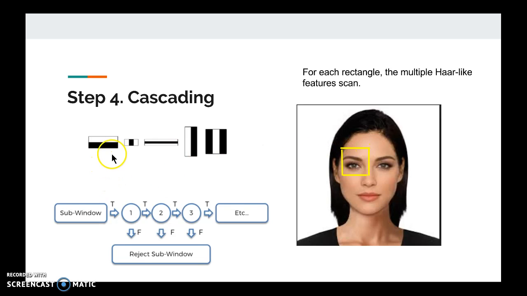We have a line feature, which could just be like the eye, light, dark, light. So that's good. And another line feature here, which could be similar, just like the eyebrow. So that's good. But then we have an edge feature here that doesn't fit anywhere. So this gets rejected, and immediately everything else gets rejected, and we say this rectangle has these three classifiers, then it moves on. So it's an efficiency thing.